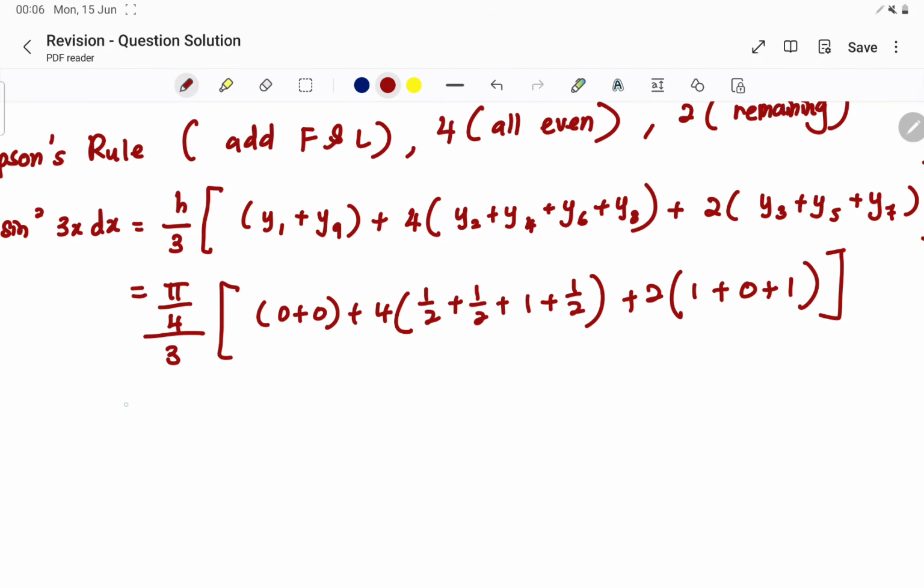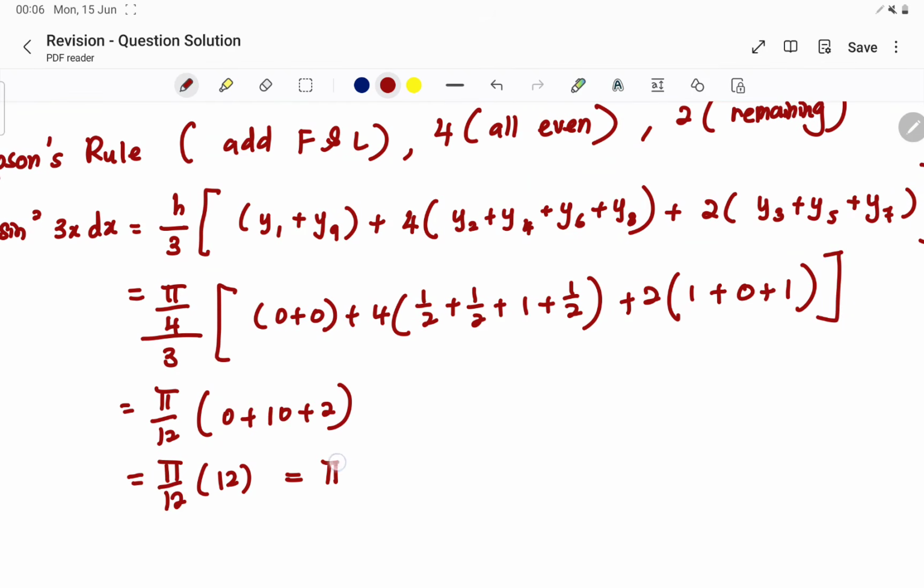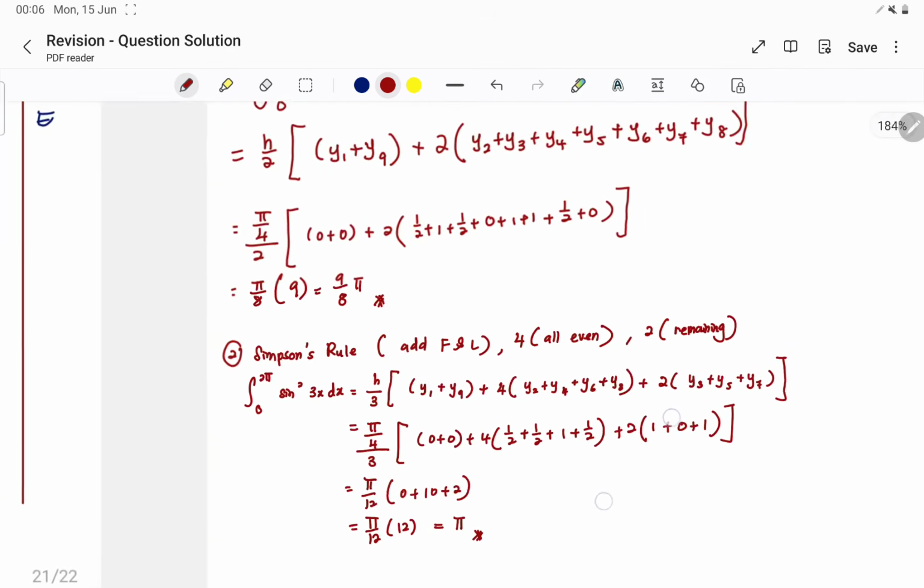Then you get pi over 12 multiplied with 0 plus 10 plus 2, so pi over 12 multiplied with 12. The answer is pi. This is your final answer for this question.